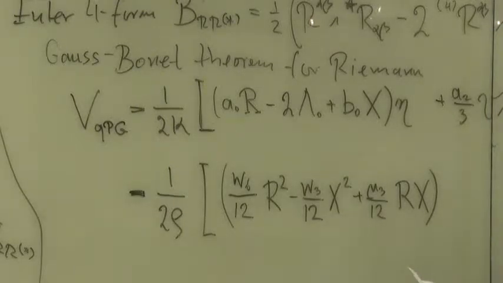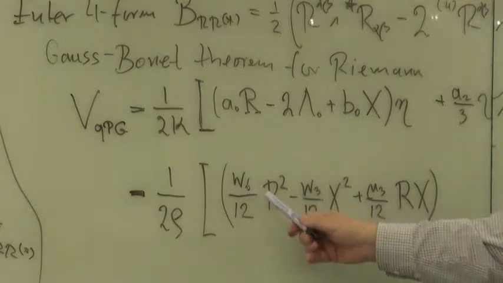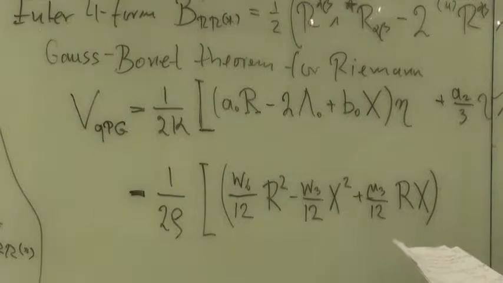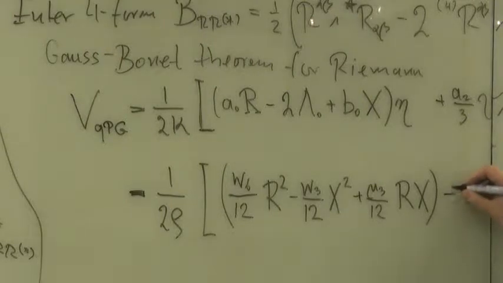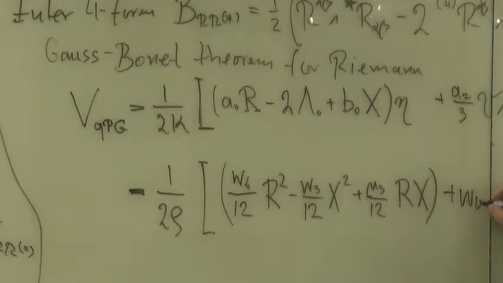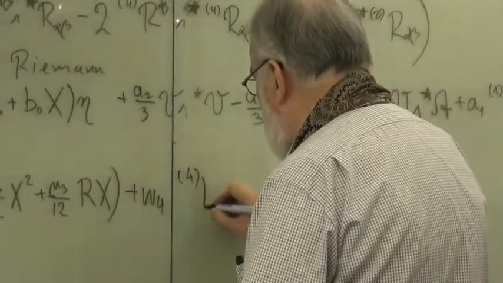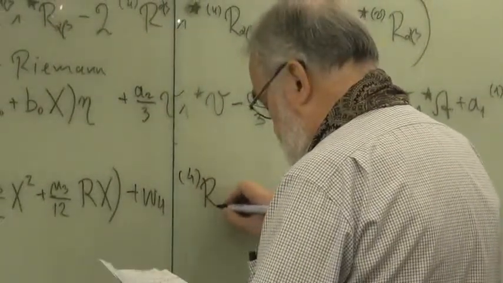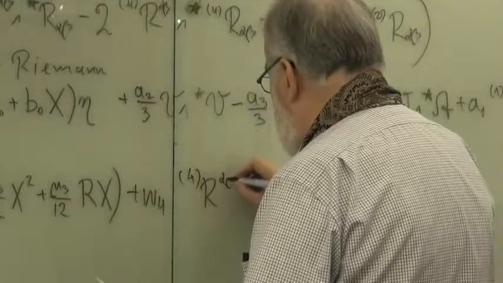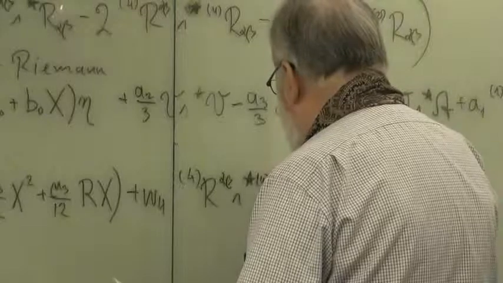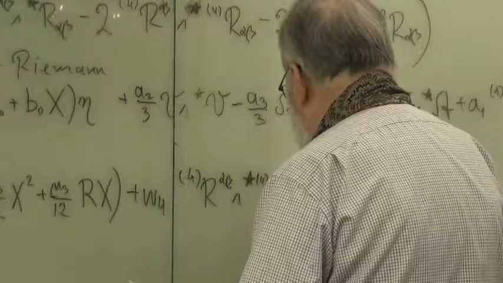And then we have different pieces. This is now the scalar and pseudoscalar. Now we come to the Ricci symmetric piece, plus W4 times Ricci symmetric, number 4 of curvature R alpha beta, Hodge star of 4 R alpha beta.